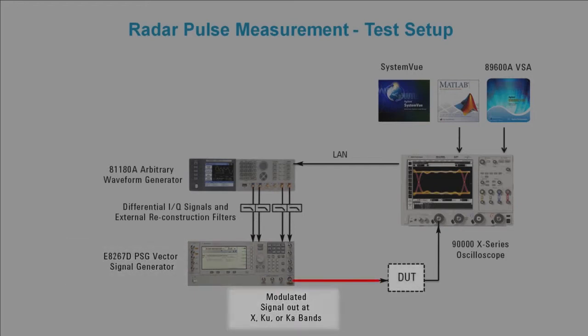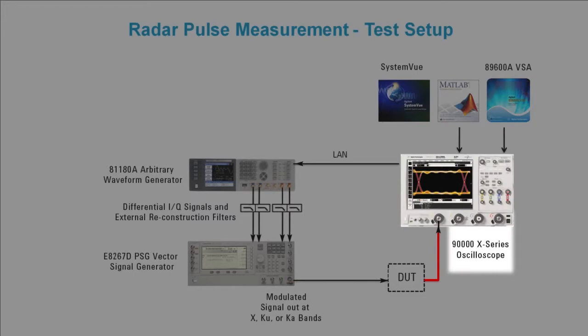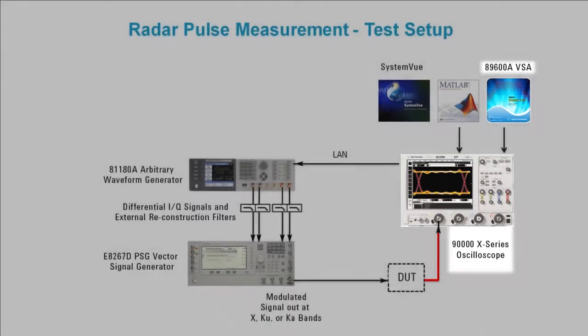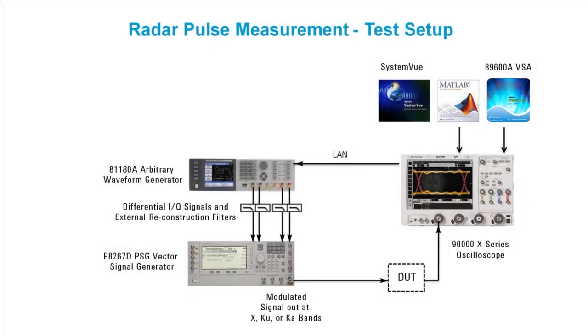This test signal would be input to a device under test. However, in this case, we are inputting directly to the 90000X series oscilloscope. This oscilloscope with the 89600A VSA software enables a wideband radar test signal to be analyzed directly at X, Ku, and Ka bands up to 32 GHz without the need for external downconversion.